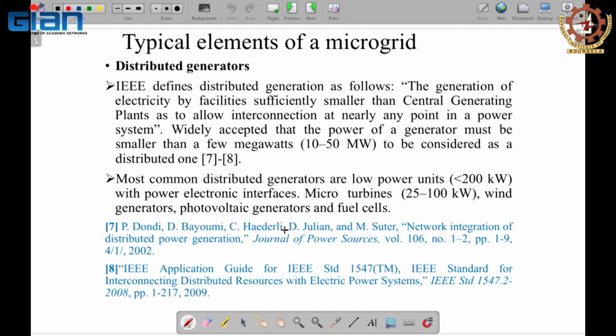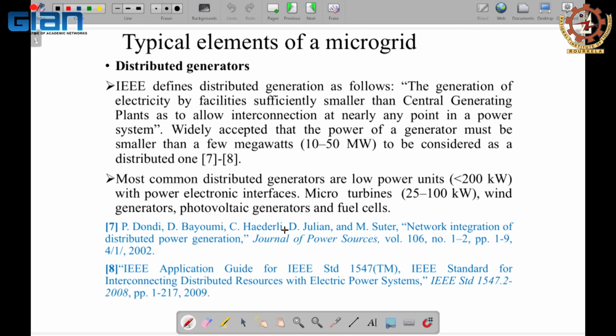So here, distributed generation, preferably renewable. What we can call small or distributed generation, as opposed to centralized generation. Again, there are no unique hard and fast definitions, but distributed generation could be a few megawatts in range, for example 10 to 50 megawatt.